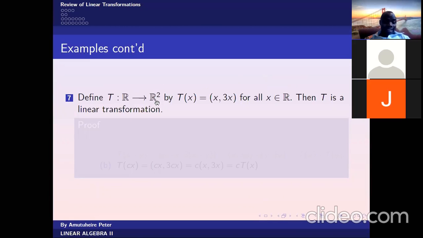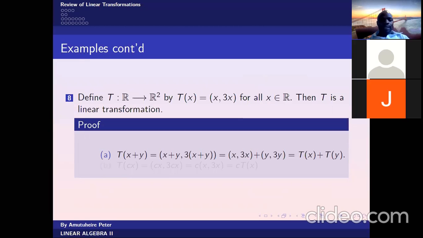So you give it a vector in one dimension, it works on it, and it returns a vector in two dimensions, which is R2. It is defined by T(x) equals (x, 3x) for all vectors x in R. Then T is a linear transformation. So we are claiming that it's a linear transformation. Now we can prove the properties.